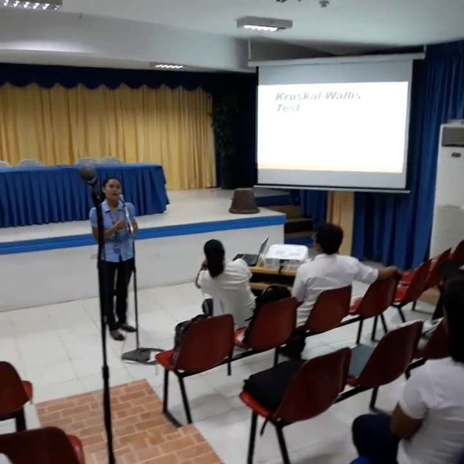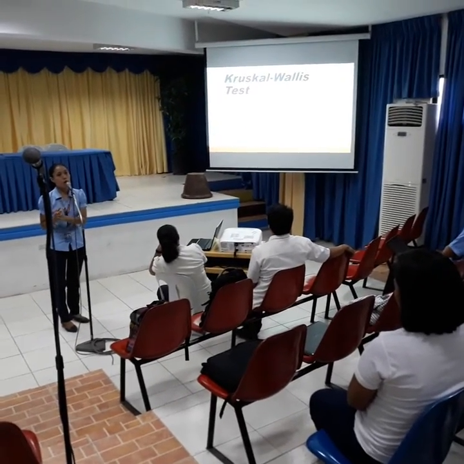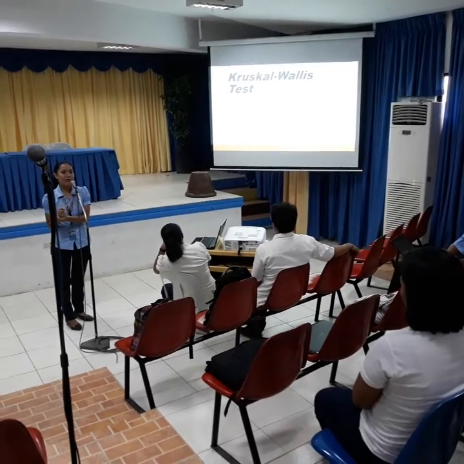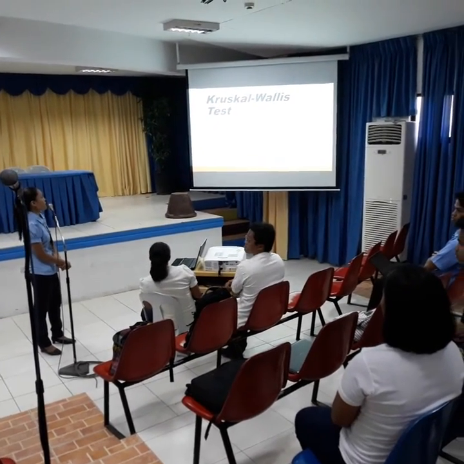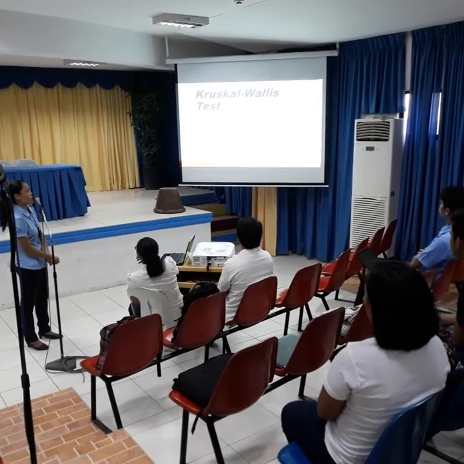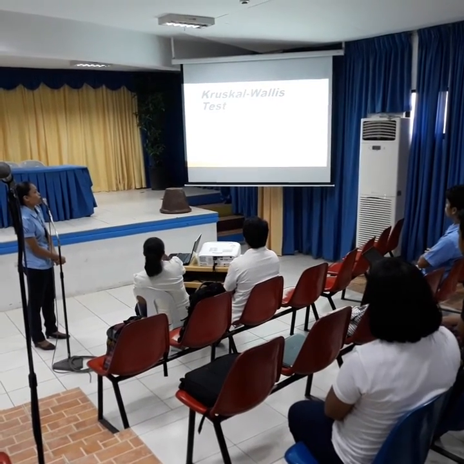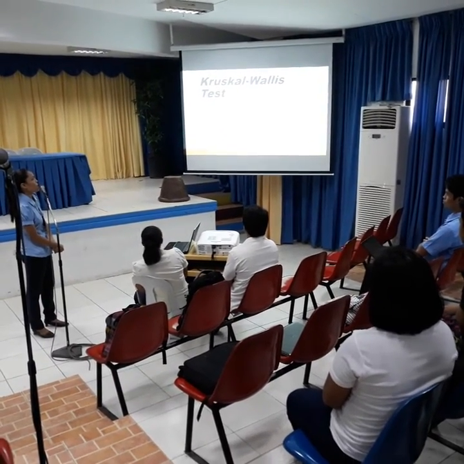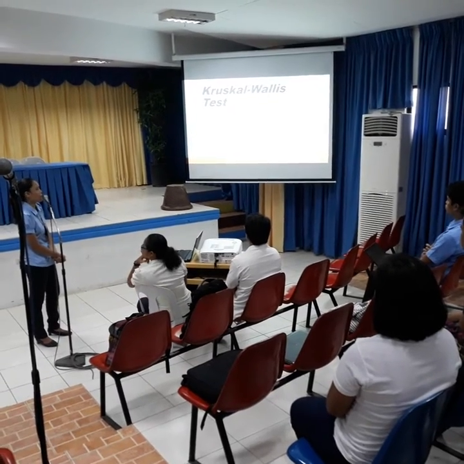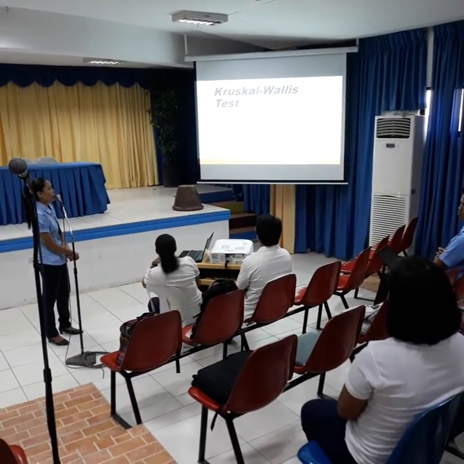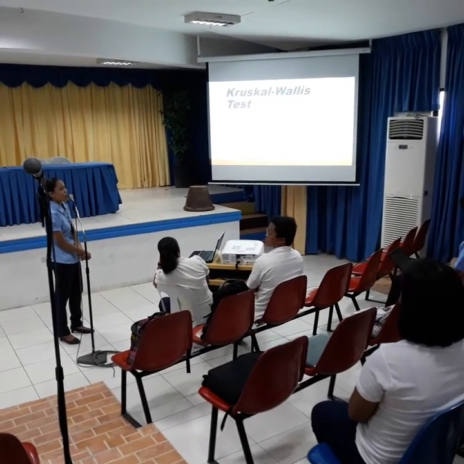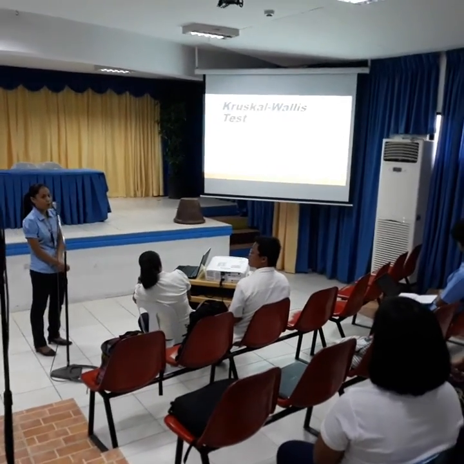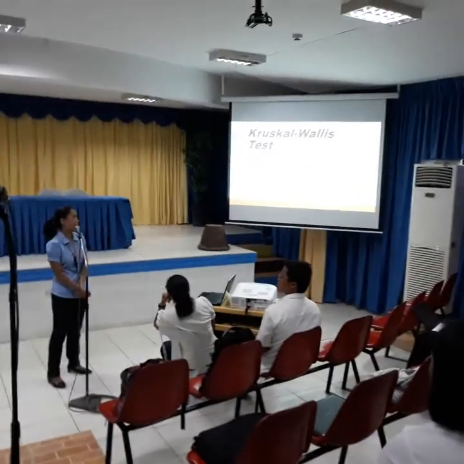It is something similar to ANOVA, but we will rank the data, or we will have the data on a rating scale. So it's a rank-based non-parametric test that can be used to determine if there are statistically significant differences between 2 or more groups of an independent variable on a continuous or ordinal dependent variable. So ordinal data, rating scale.